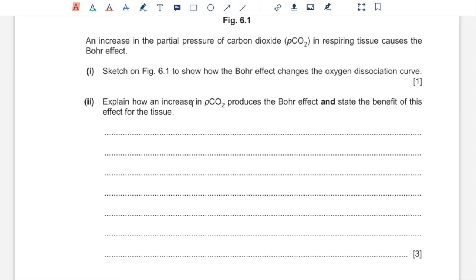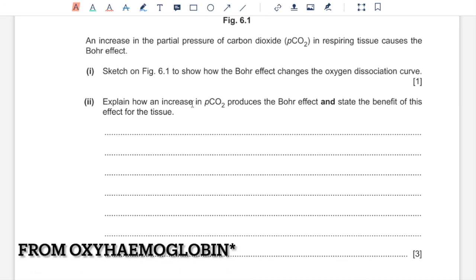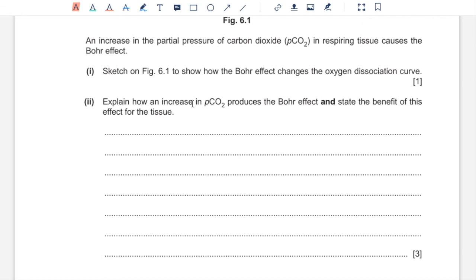These react with hemoglobin and displace oxygen from hemoglobin to form haemoglobinic acid. This not only decreases the pH of blood, therefore increasing the acidity of blood, but it also frees oxygen from hemoglobin, which is then supplied to the respiring tissue.